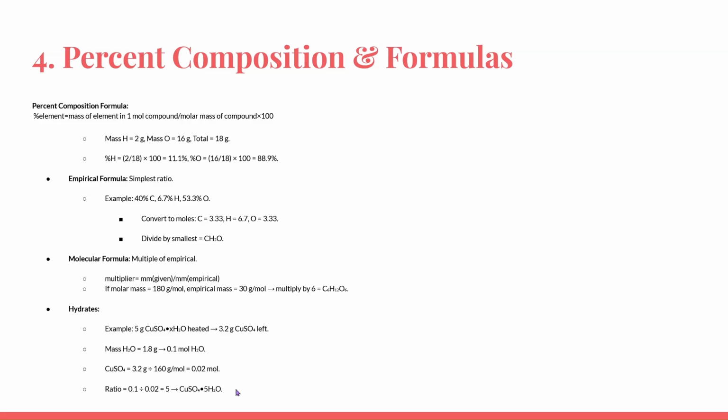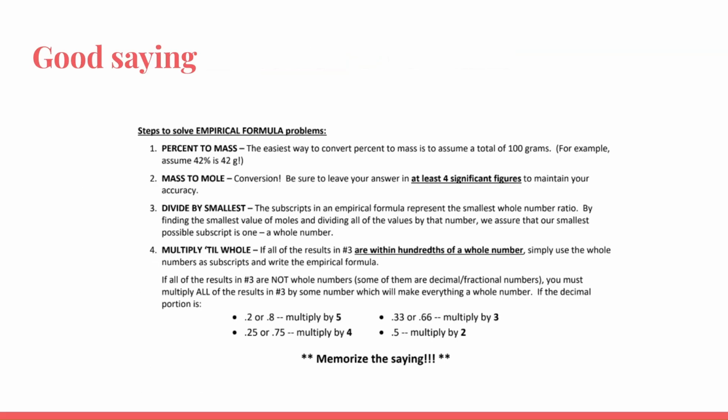So next you have the steps to solve the empirical formula. That's what I was talking about earlier. You do percent to mass. The easiest way to convert percent to mass is to assume a total of 100 grams. For example, 42% is 42 grams. And then mass to mole. Be sure to leave your answer in at least 4 sig figs to maintain your accuracy.